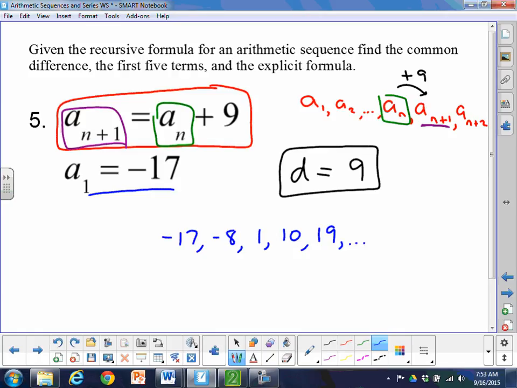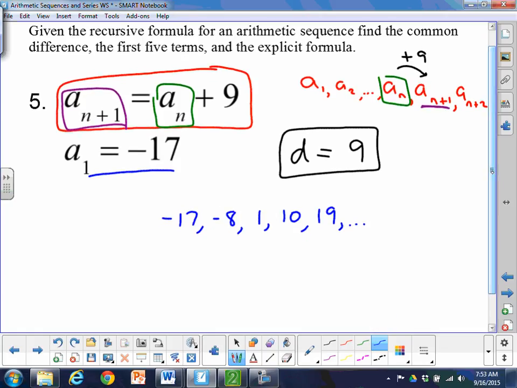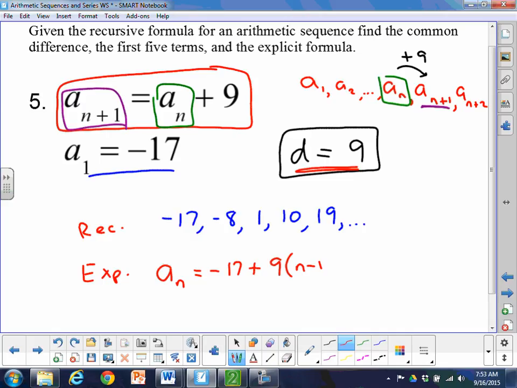Okay, then to get an explicit formula, now that we know what we're dealing with, and we actually knew enough info to do this once we got this d value, because again this is recursive here. The explicit is going to be a sub n, like we did previously, is always the first term plus the difference, okay, which we knew was 9 times n minus 1.